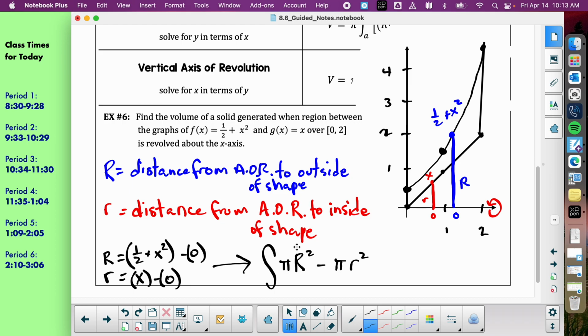Do it however you want. So for this one, I would have the integral. We're doing vertically, so 0 to 2, of pi times (1/2 plus x squared) squared minus pi x squared. This is all dx.